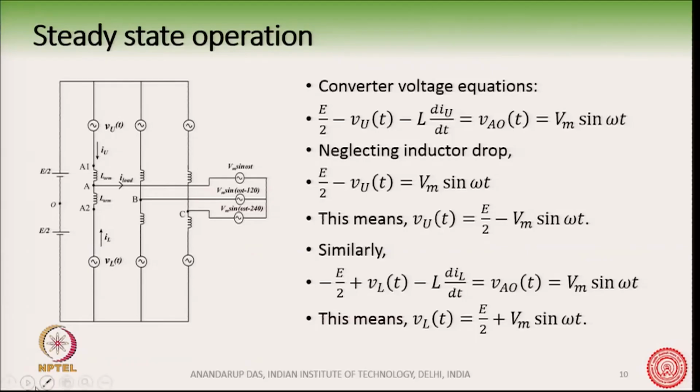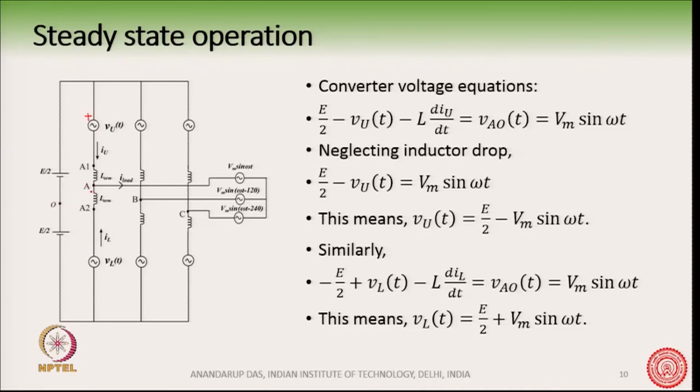Using Kirchhoff's voltage law, if I put this as the plus here, E by 2 minus V u minus L di dt is the point A's voltage with respect to point O.